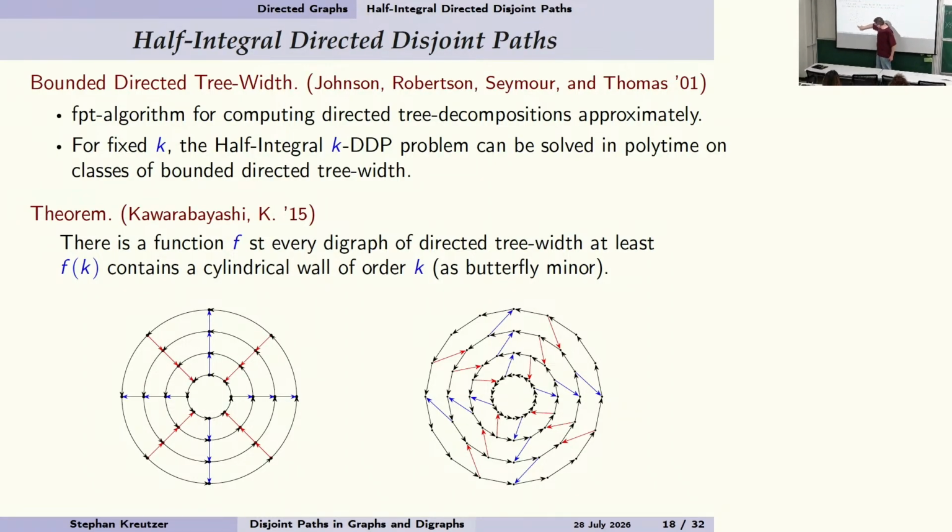And then we have alternatingly a path going from the inside out, the next one goes in, out, in, and so we have k pairs of these paths. If you turn it into a wall, so you split the vertices, you get something that looks like this, so the cycles go in the same way, and then you have these paths that go across.